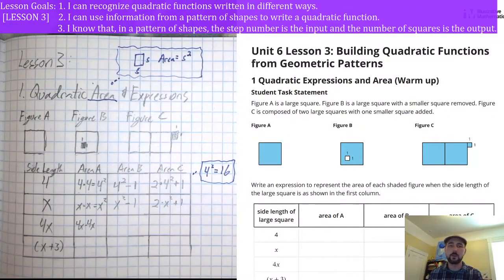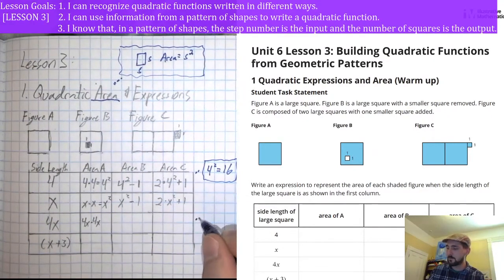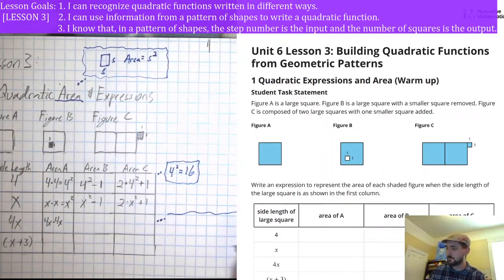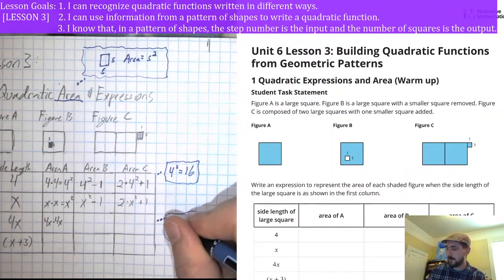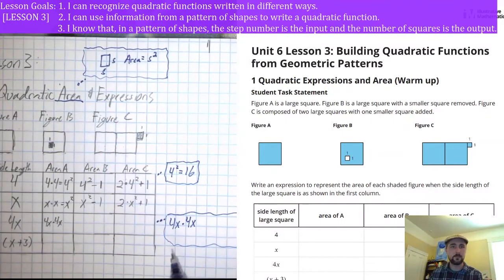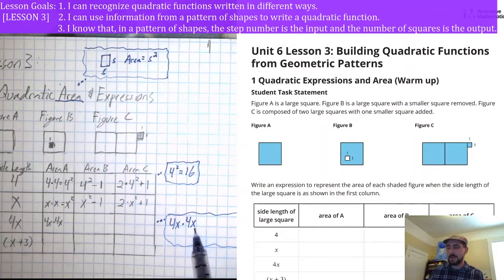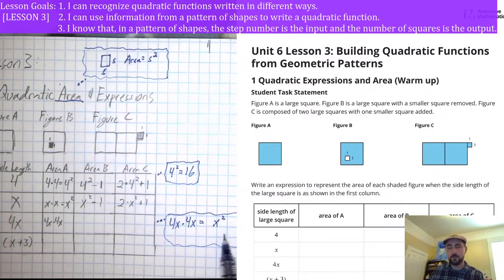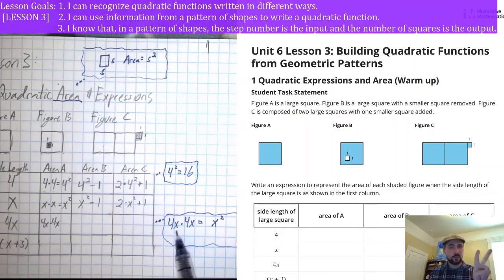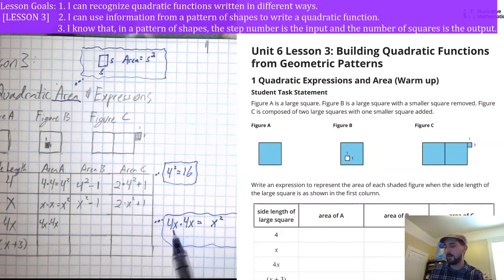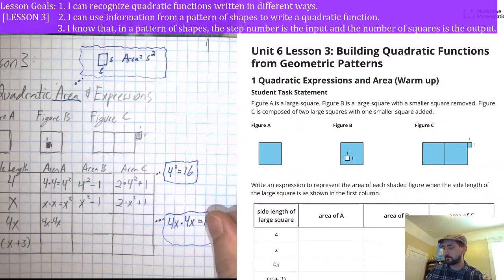So if I were to go off to the side, if I have 4x times 4x, the x times the x would get us an x squared just like before. But there's still the 2 4's here, right? So this is still a 4 times a 4, and 4 times 4 is 16.